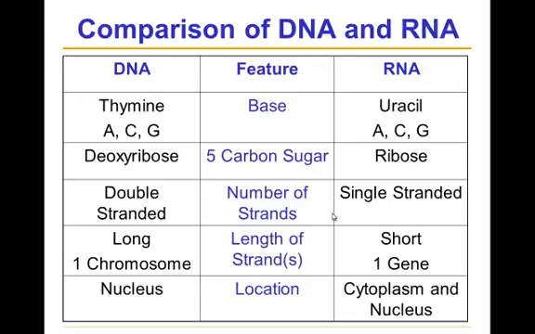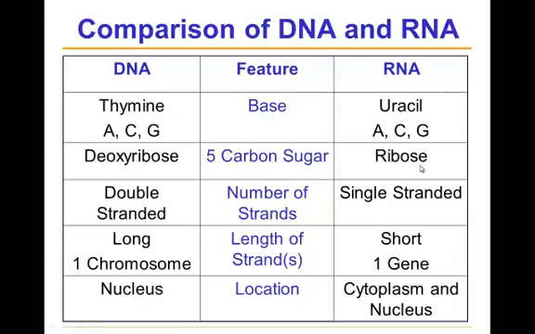You know a little bit about DNA, so we can use this format of comparative table, and we can compare a number of features. The first feature we'll compare are the bases that are present. We can see in DNA there's A and T and C and G. Of course, in RNA, there is no T. T is replaced by U, uracil, and so it's A and U and C and G. The 5-carbon sugar in DNA is deoxyribose.